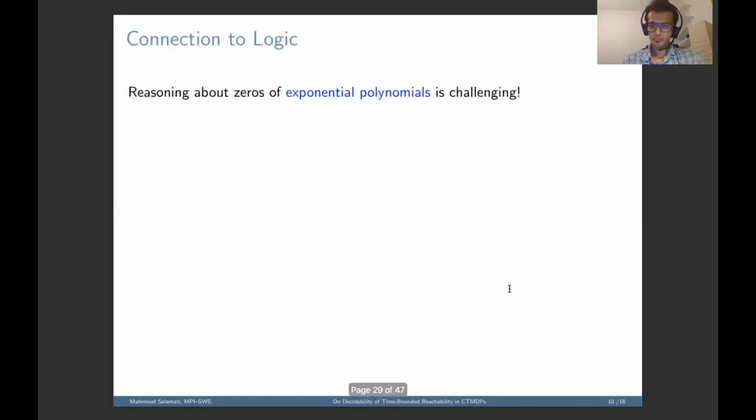So now we know that switch points of the optimal policy correspond to non-tangential zeros of certain exponential polynomials. But it should also be mentioned that reasoning about zeros of exponential polynomials is not a trivial task.